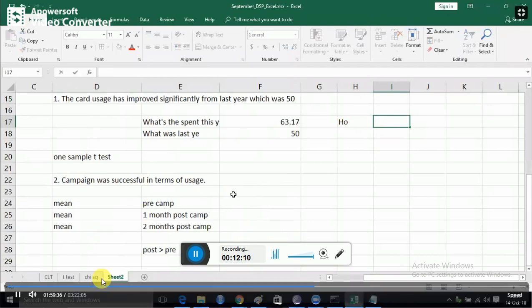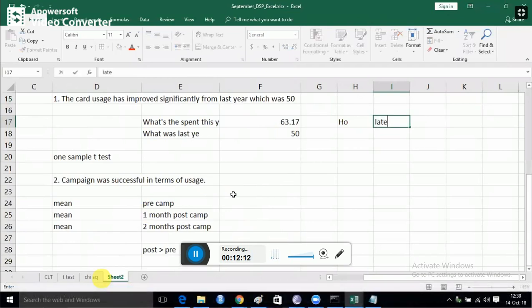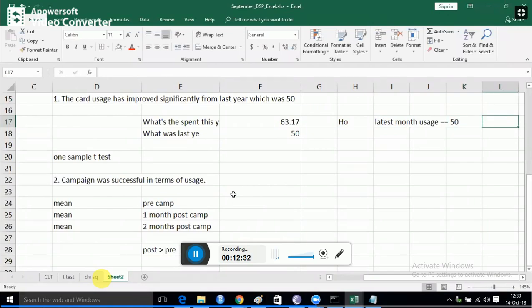Present month usage, latest month usage equal to 50, which means there is no change. What did I tell you? It's not that your statement is the null hypothesis. Equality should be your null hypothesis. So your null hypothesis is latest month equal to 50, which means no improvement.